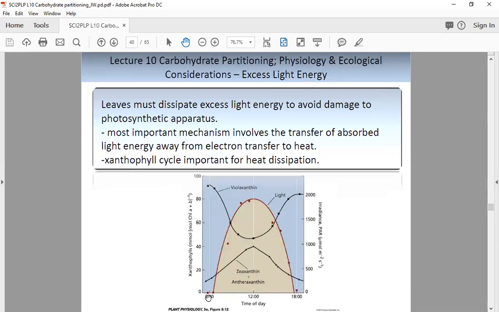As the amount of light increases, a greater proportion of violaxanthin is converted to zeaxanthin and antheraxanthin, and you can see peak levels at midday. These molecules are involved in dissipating excess excitation energy.